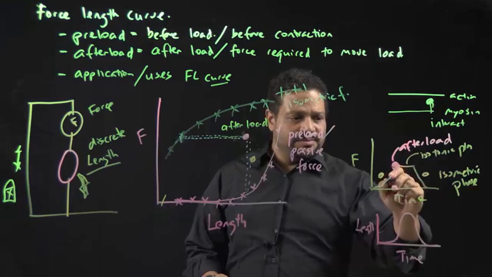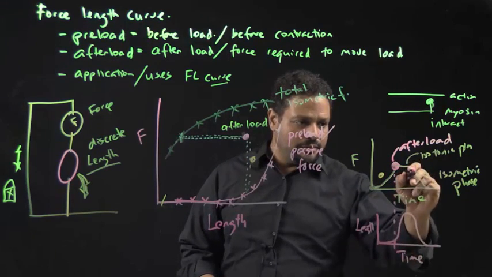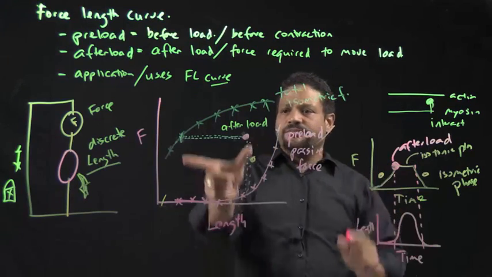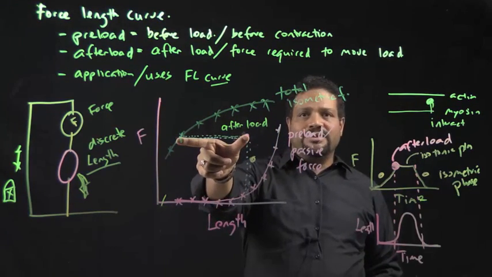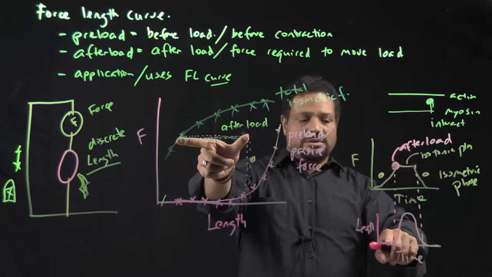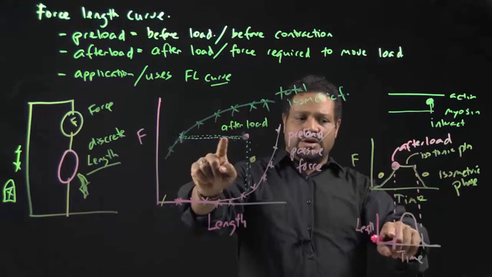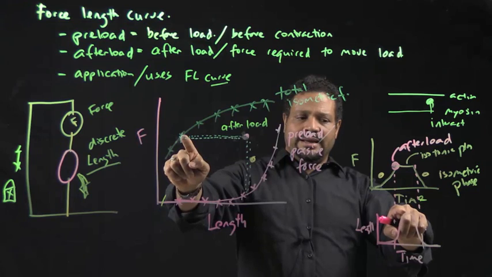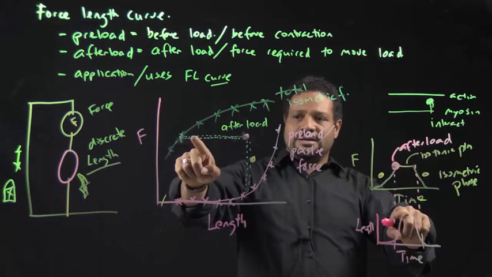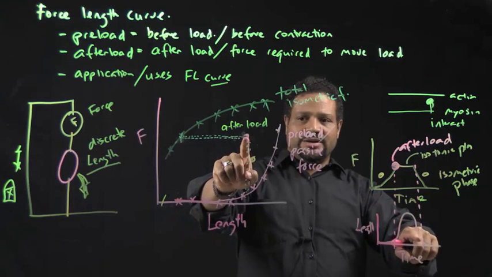So within this period here, the isotonic phase, when the force is great enough to move that load, you'll get this portion here going up like that. It hits that maximum force that it can generate. Then the muscle starts to go back to its original length down here.